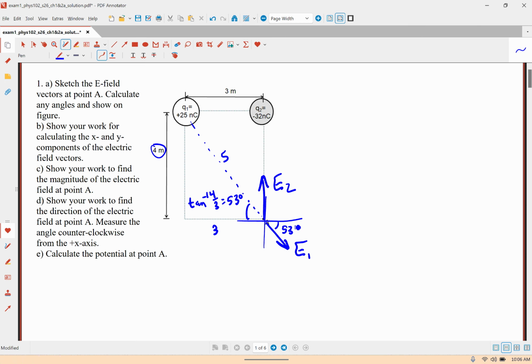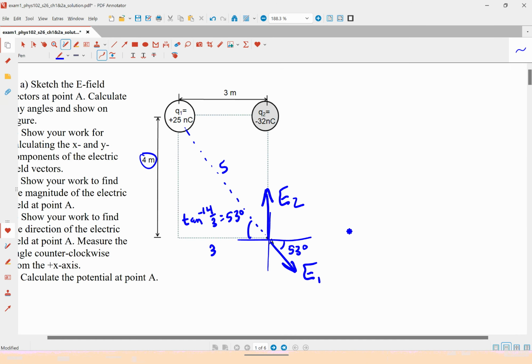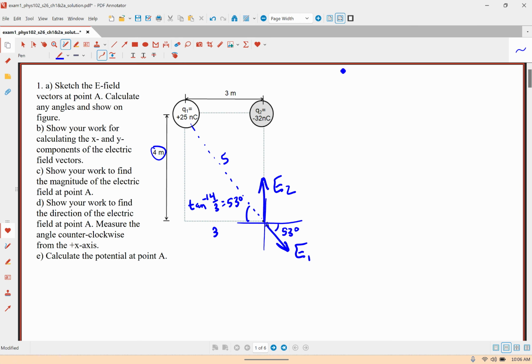And then for part B, I want to find the x and y components of that vector. In order to do that, I need to calculate what E1 and E2 are. So for B, I first find E1. E1 is equal to kQ over r squared.